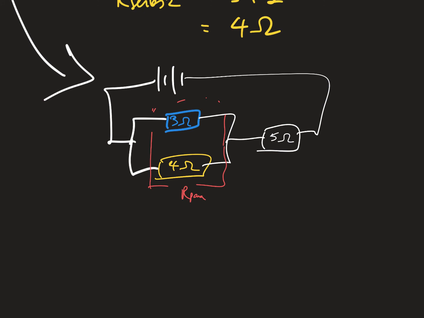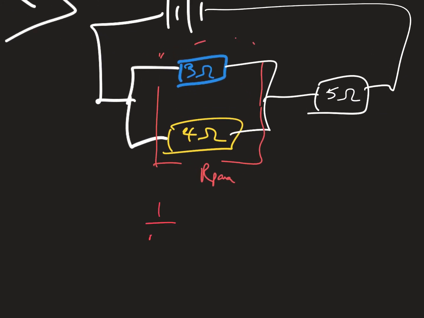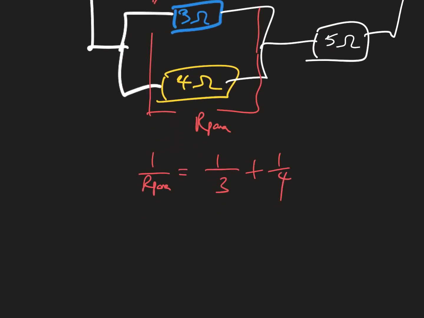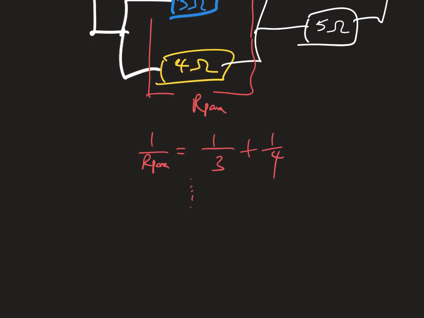And so what we can say right now is 1 over R parallel is equal to 1 over 3 plus 1 over 4. And I'll save the working. You can rewind and watch. It's actually exactly the same as the previous example for the parallel part. And so it will simplify to R parallel equals 1.7143 ohms.